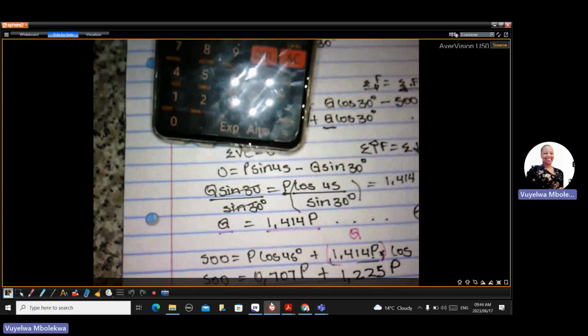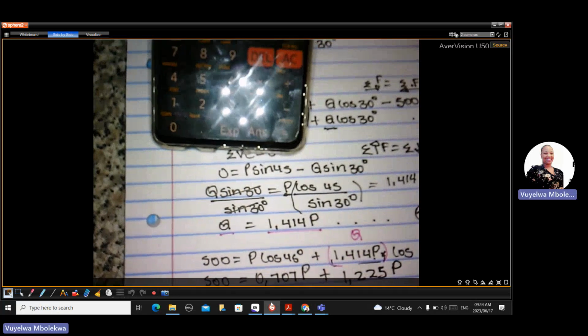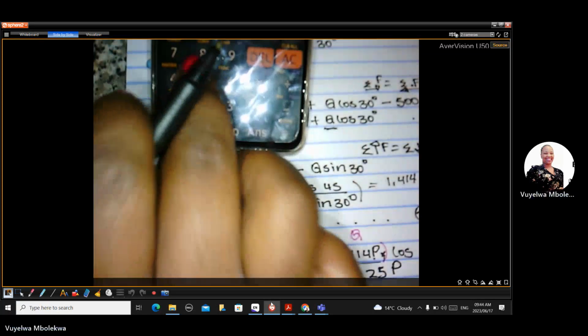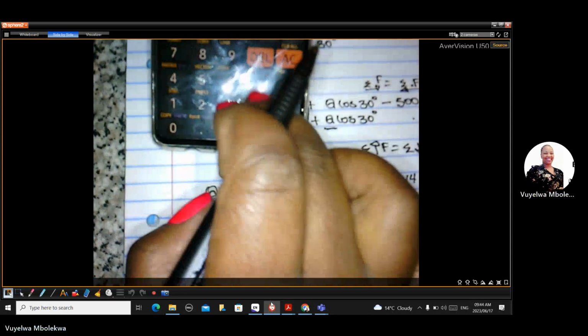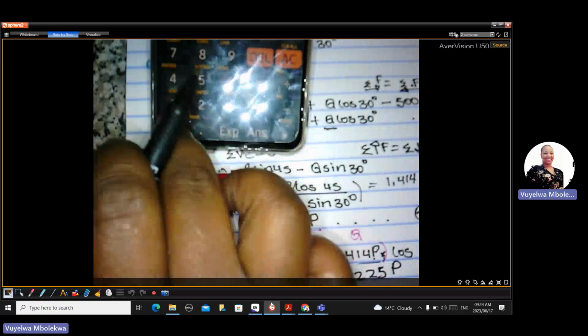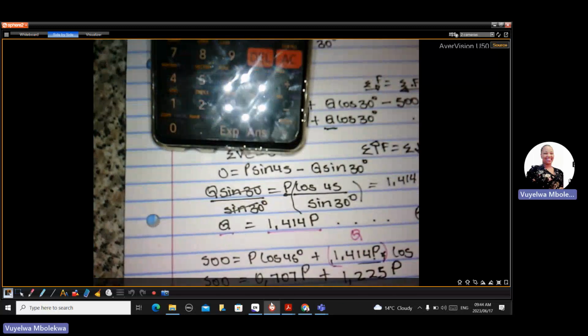Then we do the maths. We add up the 1.225 plus 0.707 gives us 1.932 P, and here we have 500.